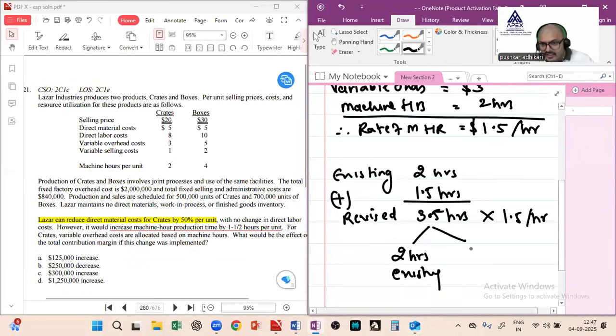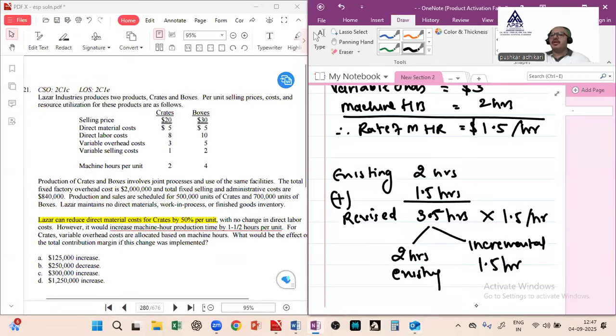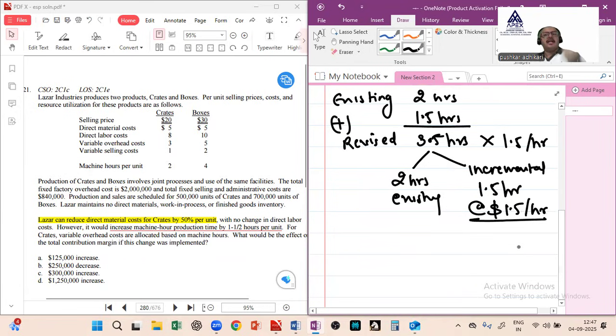So what is incremental, what is additional, is just this 1.5 hour, at the rate of $1.5 per hour. So 1.5 multiplied by 1.5, therefore $2.25 is an increase in my variable cost.